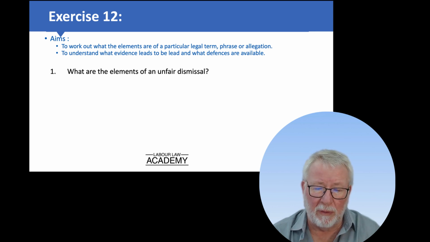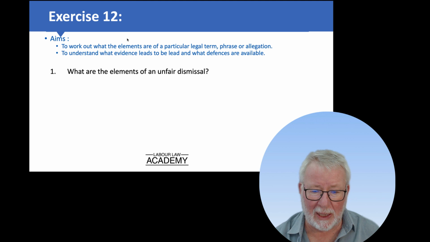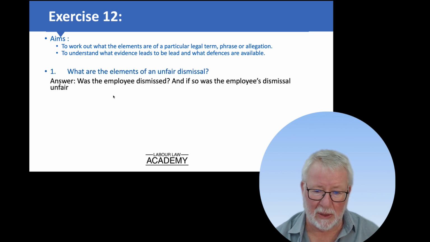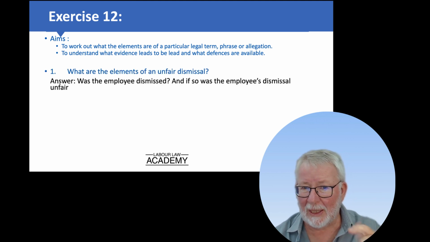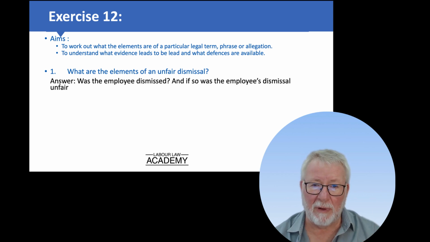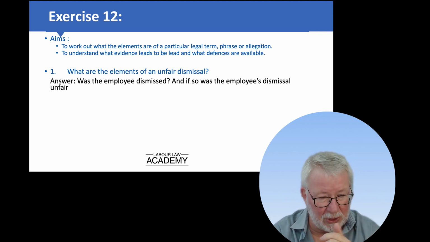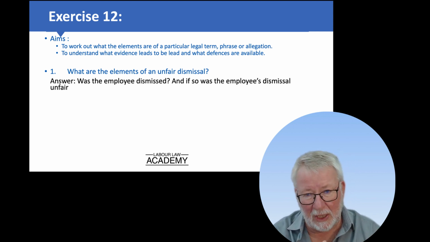What has to be proved? I hope you get this. First of all, and there's a logic implicit, was the employee dismissed? Secondly, was the employee's dismissal unfair? So the two elements are, was the employee dismissed, dismissal first, unfairness second?